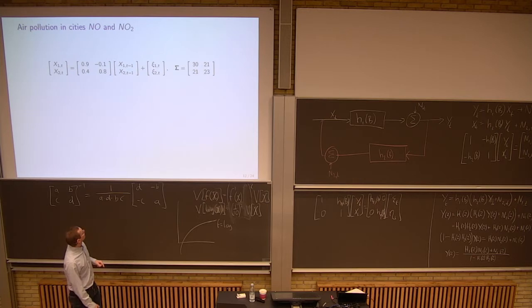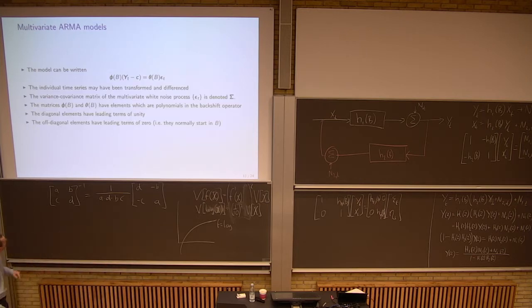Okay. How far did I get here? So, in general, what I also said before, the diagonal elements, both on the left-hand side and right-hand side, have leading terms of 1s. So you have identity matrices as the leading terms there. And then the off diagonals typically have leading terms of 0.